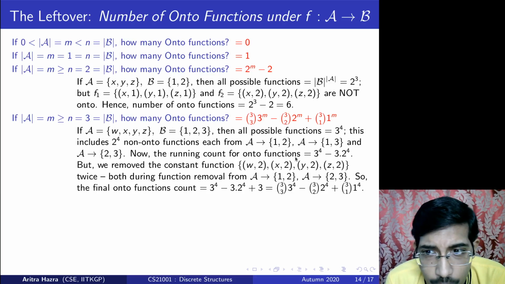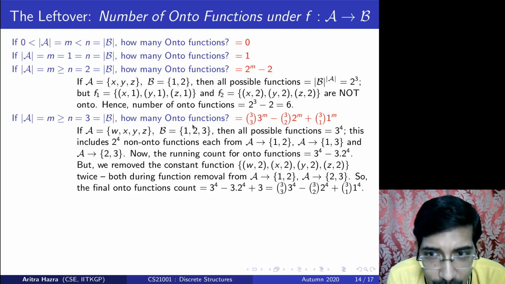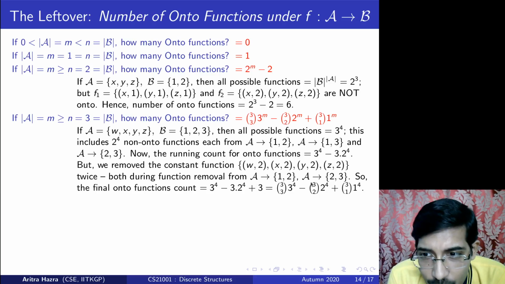Among them we are removing 2 element subset domains. So how many 2 element subset domains can be made from 3 elements? 3C2. So we are removing 3C2 into 2 to the power 4, because a 2 element subset domain from 4 elements gives 2 to the power 4 functions.